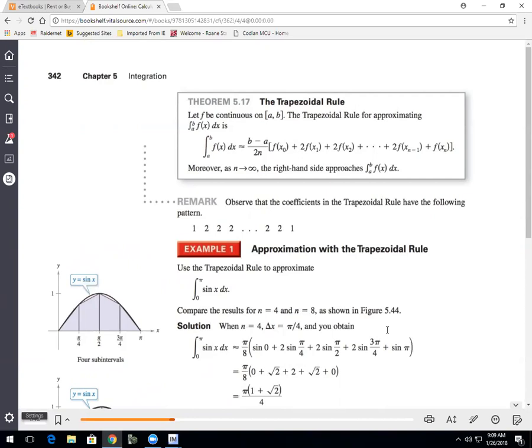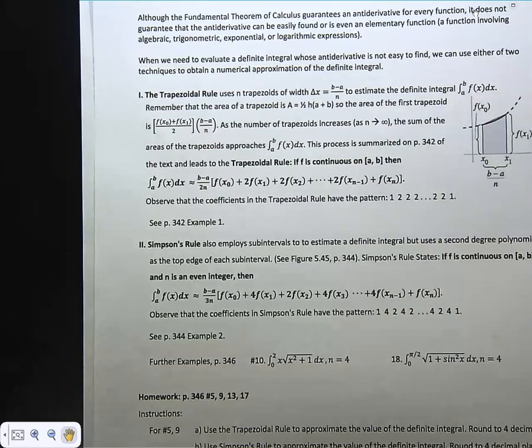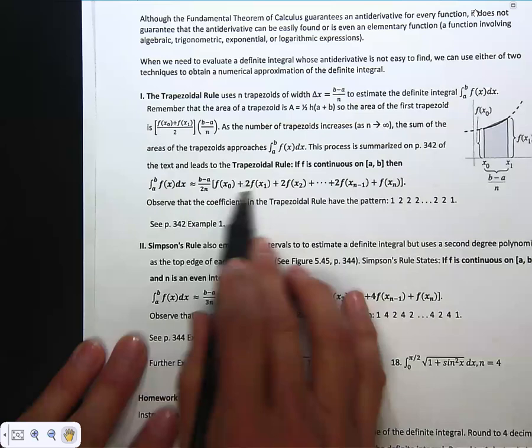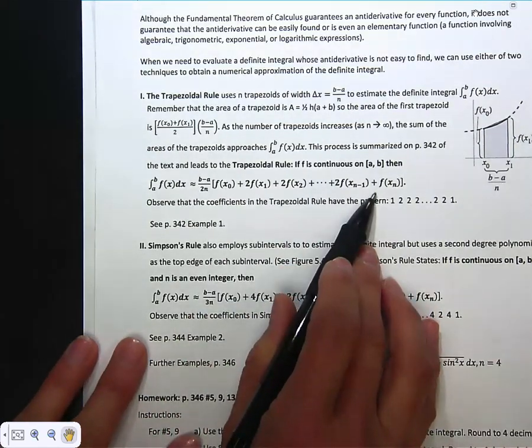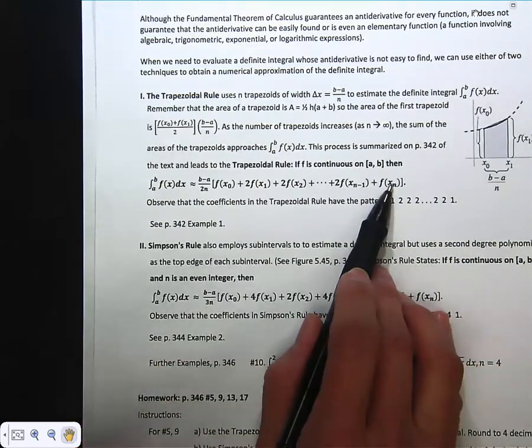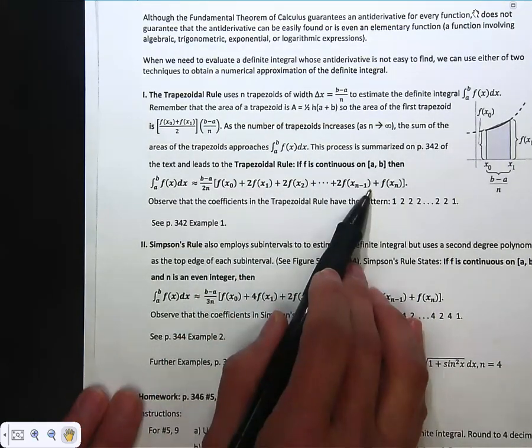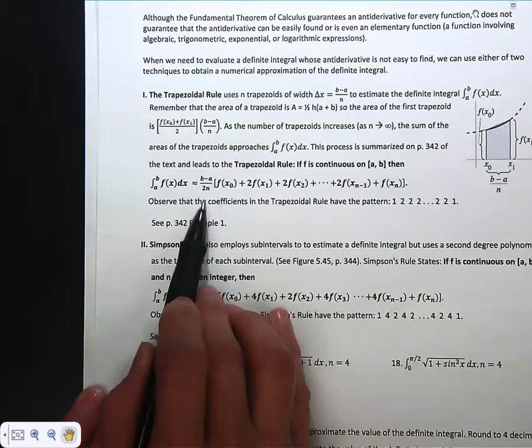So for the trapezoidal rule, I need to add up the heights of a whole lot of trapezoids, and the coefficient of the first one's 1, the coefficient of the last one's 1, all the coefficients in the middle are 2, and then multiply that by the length of the interval divided by 2n.